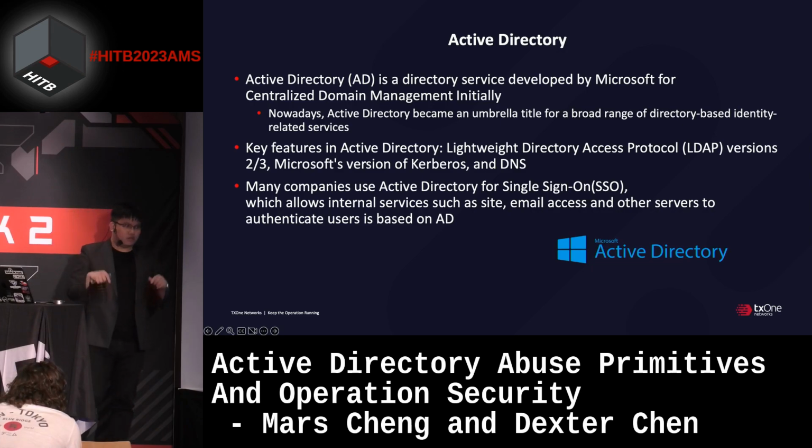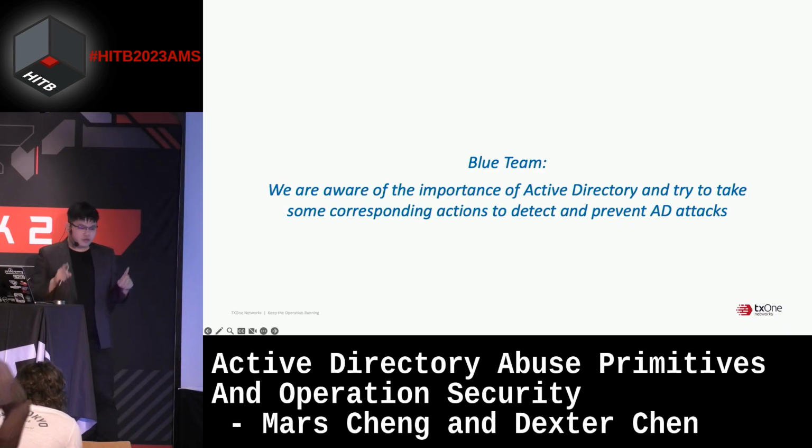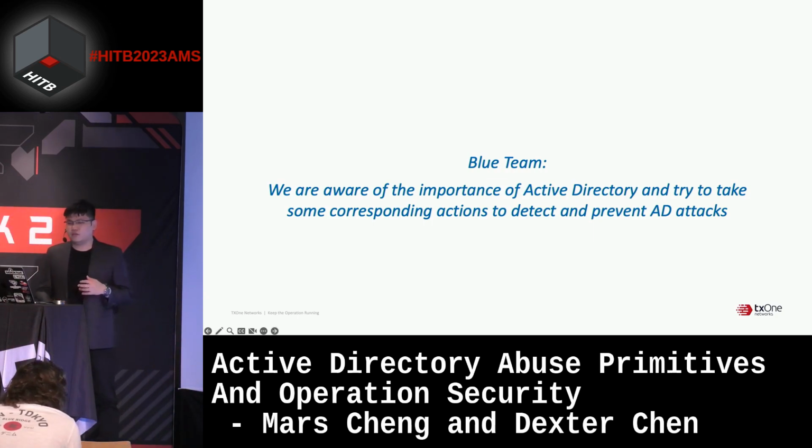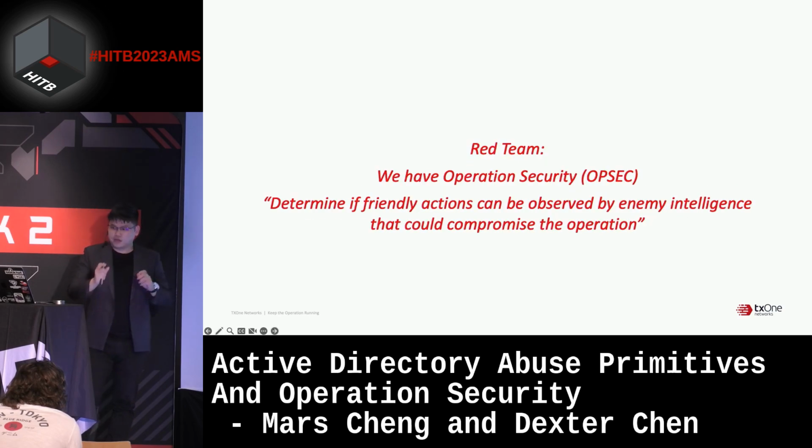And why do we talk about today's topic? When we perform attack operations, we encounter blue team people who say they are already aware of the importance of Active Directory, and they have taken corresponding actions to detect and prevent AD attacks. So we know the blue team is doing something. We are the red team, the attackers, and we usually need to provide more advanced attack behavior.